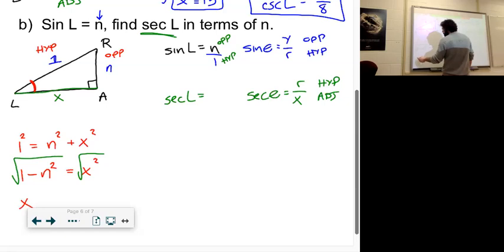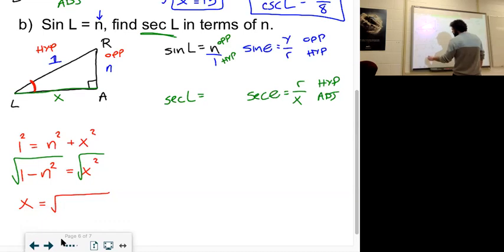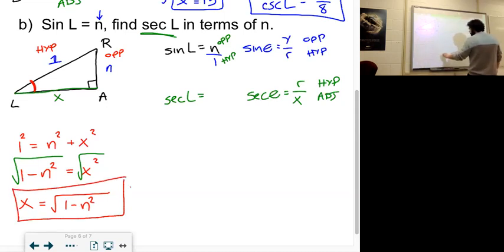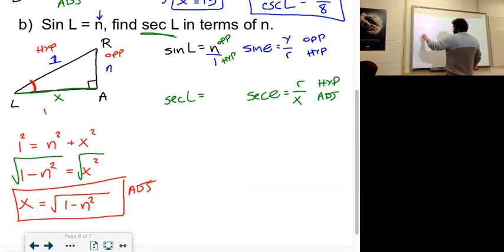That's because these are triangle side lengths, which should remain positive. So x is equal to the square root of 1 minus n squared here. So this is my adjacent side length, which is square root of 1 minus n squared.